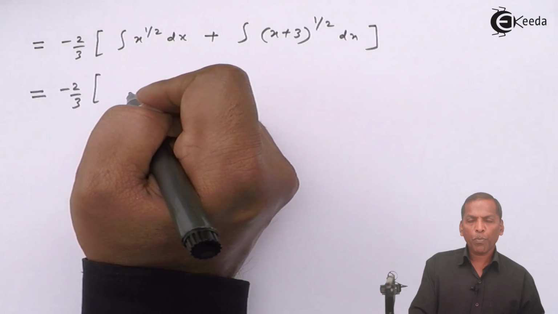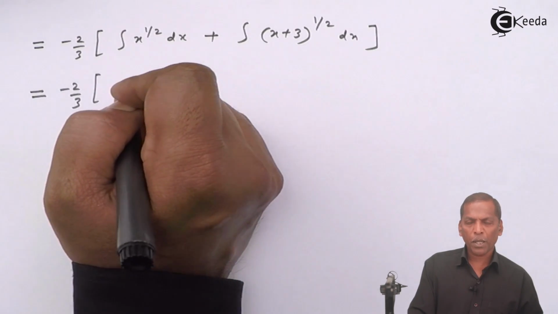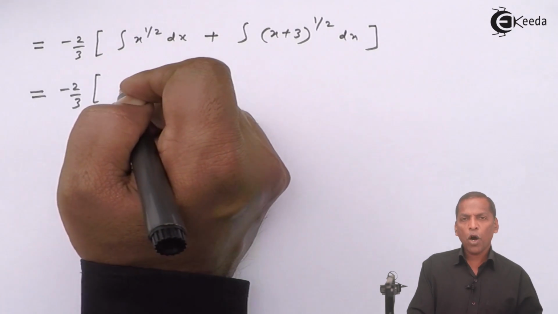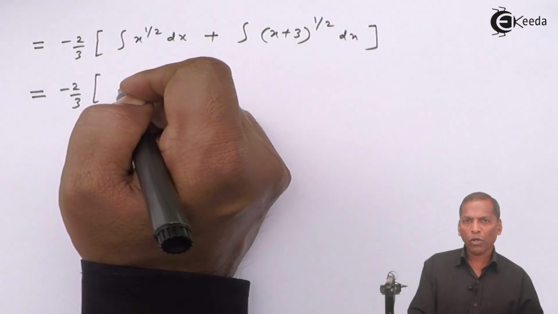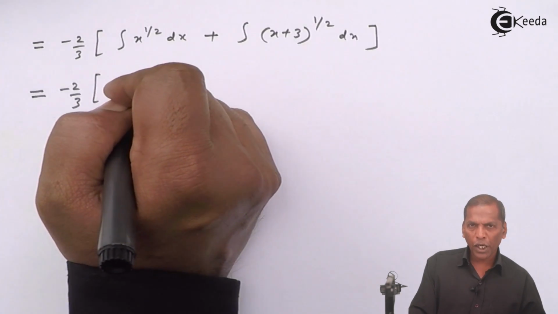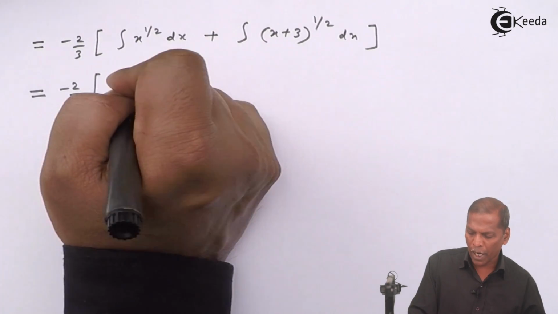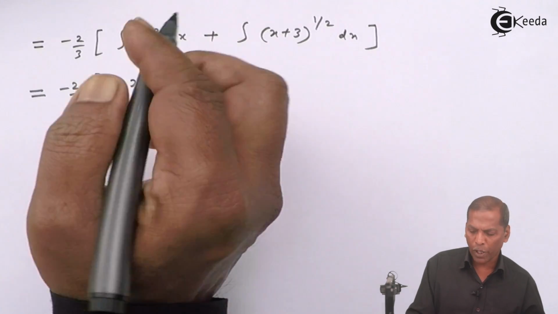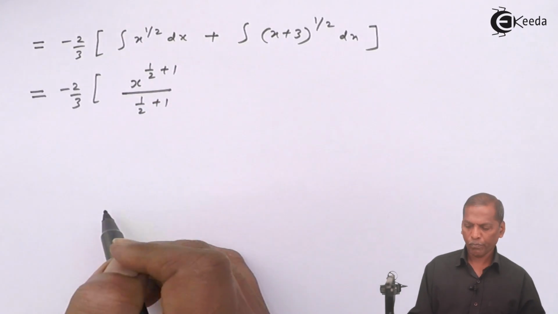Now here we use the power rule of integration, that is integral x raised to n dx is equal to x raised to n plus 1 upon n plus 1 plus c, provided n not equal to minus 1. So by using this rule, the above integration can be written as x raised to 1 by 2 plus 1 upon 1 by 2 plus 1.